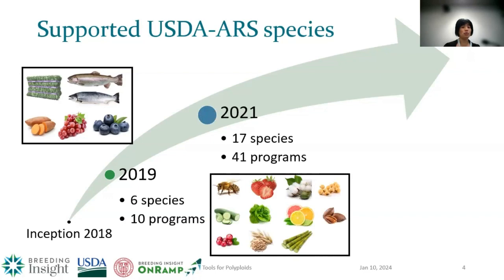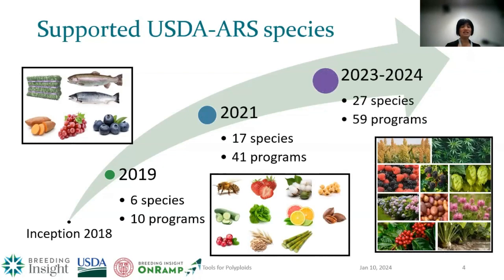In 2021, this increased to 17 species. As you can see, it's a mix of plant and animal species, with ploidies from diploid to tetraploid, hexaploid, and octoploid. And as of today, we are providing services to 57 species and 59 programs all across the US.